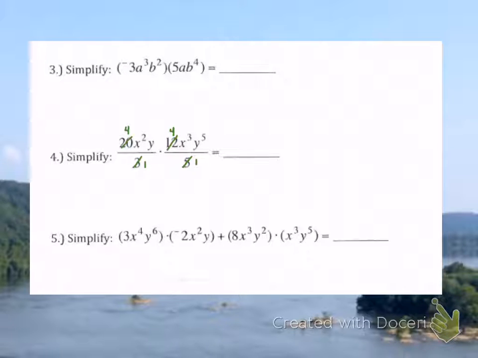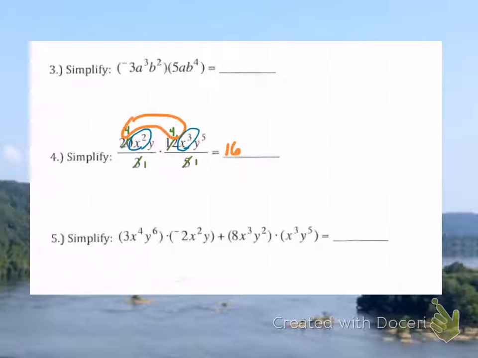So now I'm going to multiply my coefficients, and that's 4 times 4, which gives me a coefficient of 16. The next thing I'm going to do is look for matching bases. And I have a matching base of x. I have x squared times x to the 3rd.